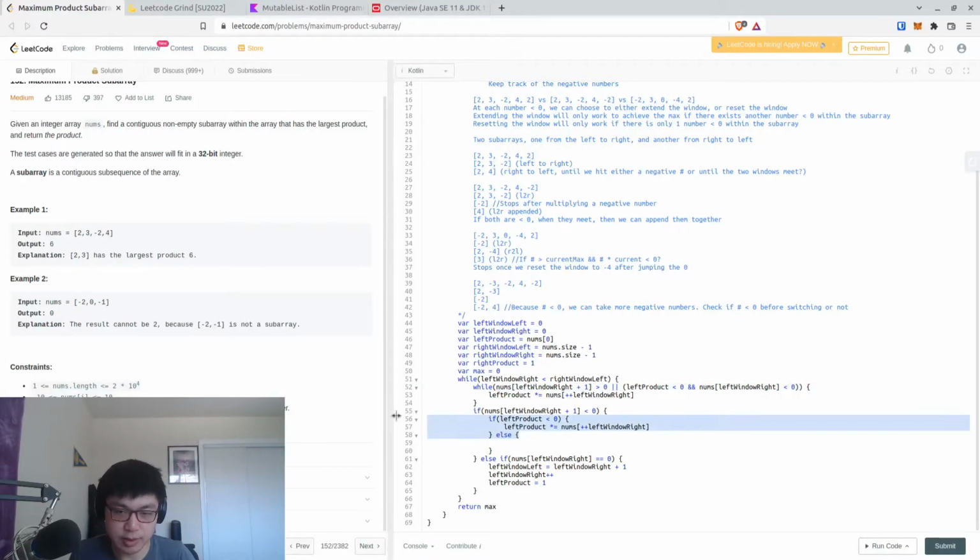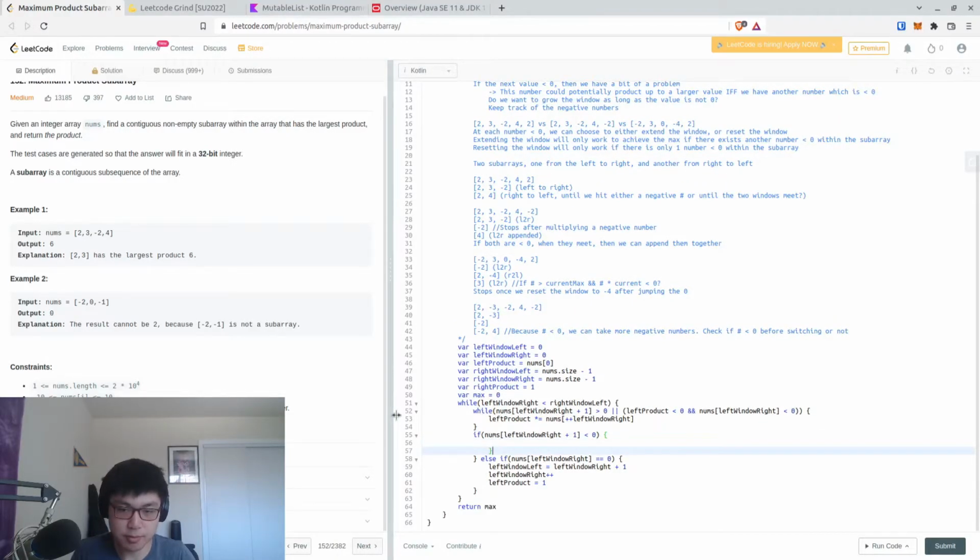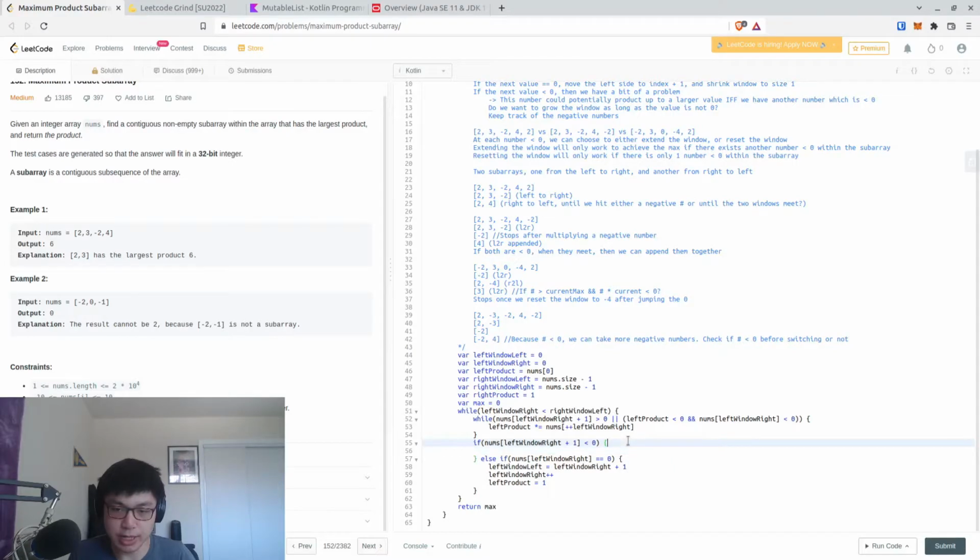So we don't need this else case. We know that if this occurs, in this case, the value is less than 0, and we know that that product is greater than 0. In that case, if we are greater than 0 and the next number is less than 0, we'll do left product multiply equal nums at left window right. So absorb that negative number.